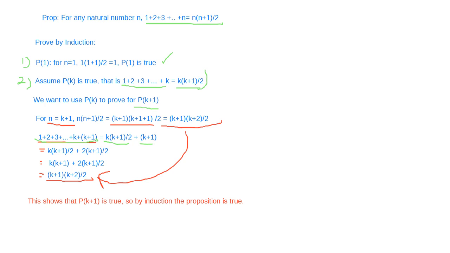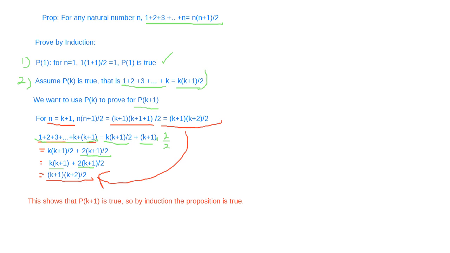Then we simplify this. The first term is divided by 2, so the second term we need also divided by 2. So we multiply the second term by 2 over 2, because we can only multiply by 1, and this 1 is 2 over 2. So the second term becomes 2 times k plus 1 divided by 2. Now the two terms have a common denominator of 2, so I can add up the numerators. The numerator for the first term is k times k plus 1, and for the second term is 2 times k plus 1. Do you see k plus 1 is a common factor?